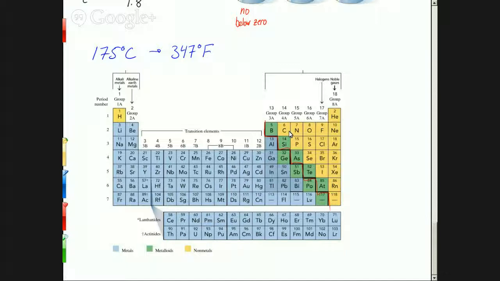And then the semi-metals, or the metalloids in the middle, kind of have parts of each one. They sort of do both things. They're semiconductors, which means they conduct electricity, but not really well. You kind of have to do special things to them to get them to conduct. That actually makes them especially useful in things like computing. So most of our computer chips are made from silicon and germanium.